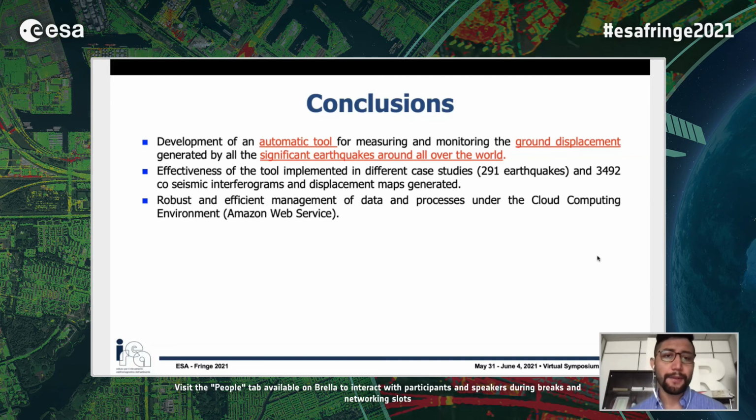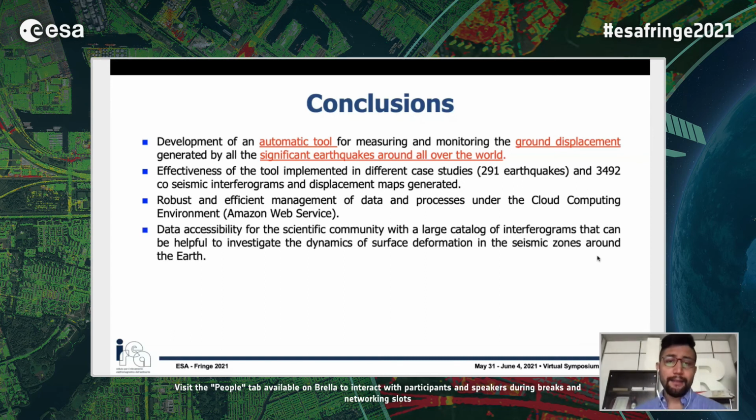We now have robust and efficient management of data and processing in the cloud computing environment. In this case, we are using Amazon Web Services to process this information. And we have data accessibility for the scientific community with a large catalog of interferograms that can help to investigate dynamic surface deformation and seismic sources around the world.